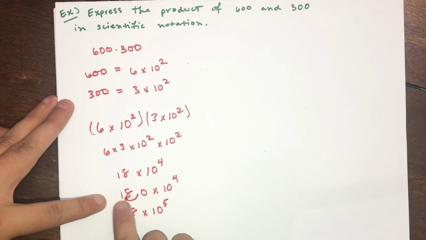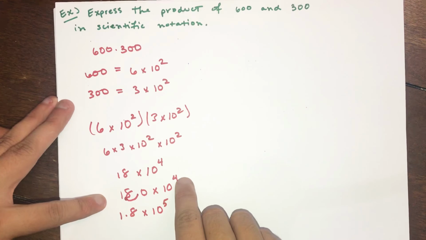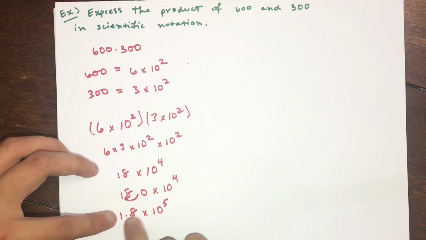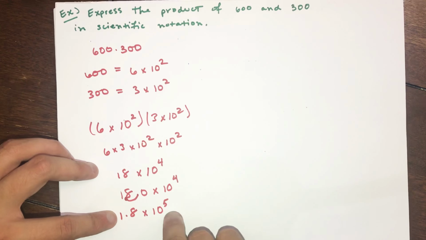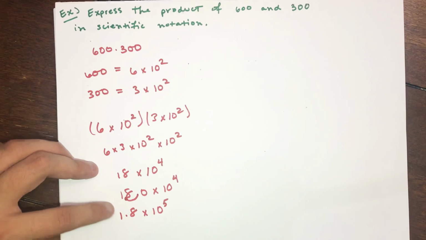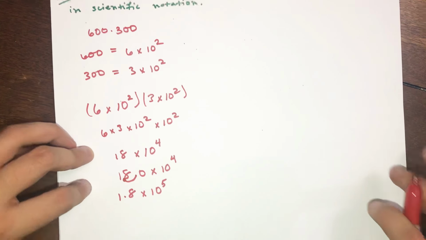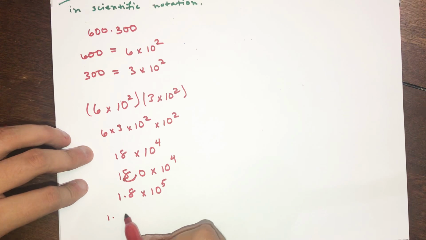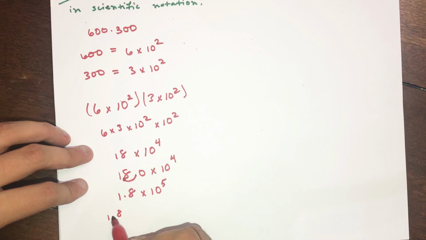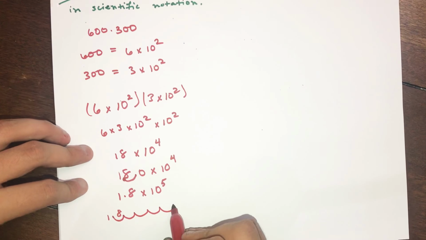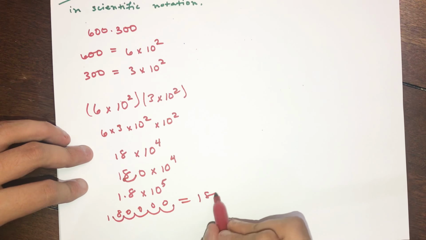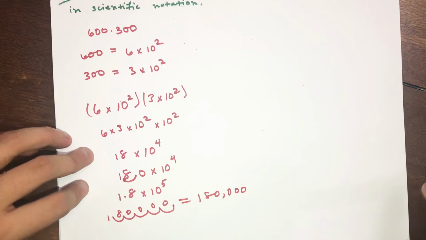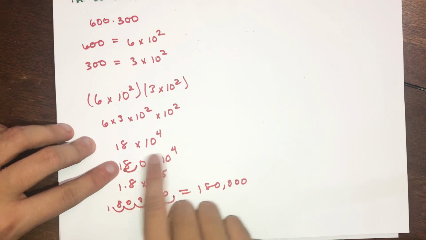We were at 18.0 times 10 to the 4, but we had to switch it to 1.8, and we want to be able to jump back, so we tack on 10 to the 5th. If you were to expand this, you would get 1.8, and then you'd move the decimal 5 times, 1, 2, 3, 4, 5, and you'd get 0, 0, 0, 0. It'd be 180,000.